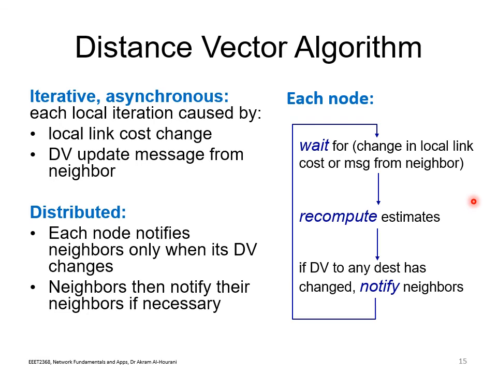Then in the routing table, it recalculates the estimates for the routes to other nodes, and if there is an update, it will notify its immediate neighbors. If the immediate neighbors find that this update is necessary to propagate further, they will also notify further nodes. But if it is not necessary, they will keep this information to themselves.